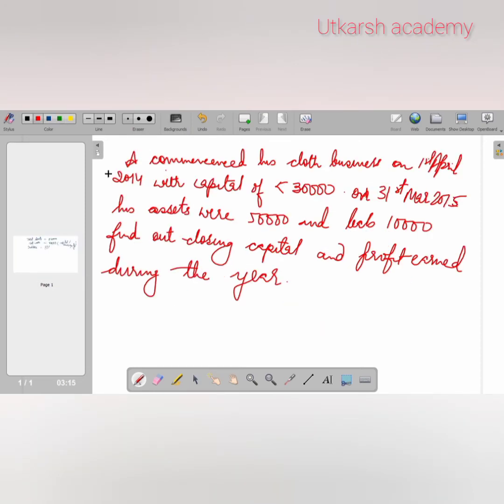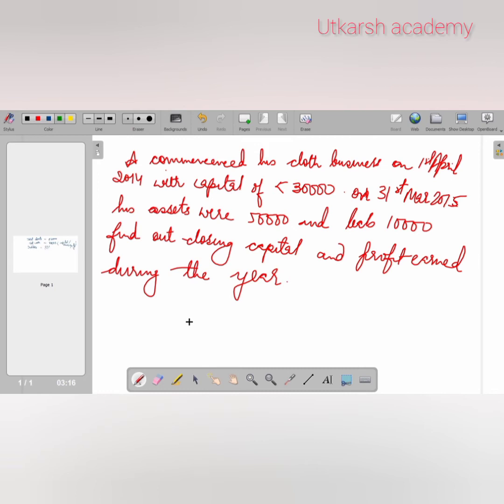The next question is, A commenced his cloth business on April 2014 with the capital of 30,000. On 31st March 2015, his assets were 15,000 and liability was 10,000. Find out the closing capital and profit earned. Closing capital means at the end of the year, what we are left with.